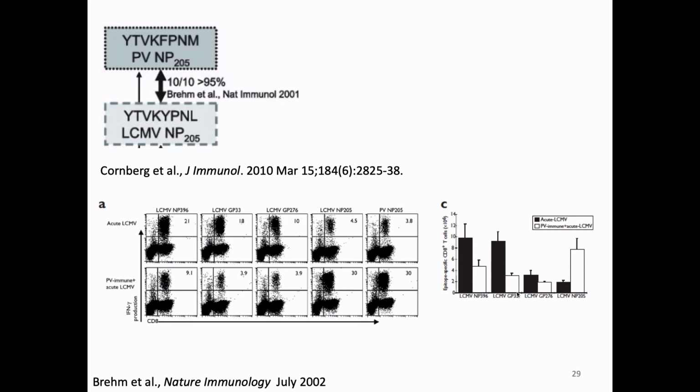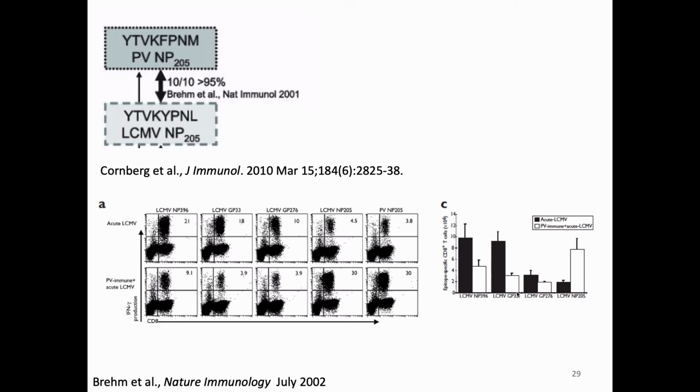I'm not going to go too much into this story, except to say that what you can imagine, perhaps, is that because of cross-reactivity, your past infections can influence your response to later infections.